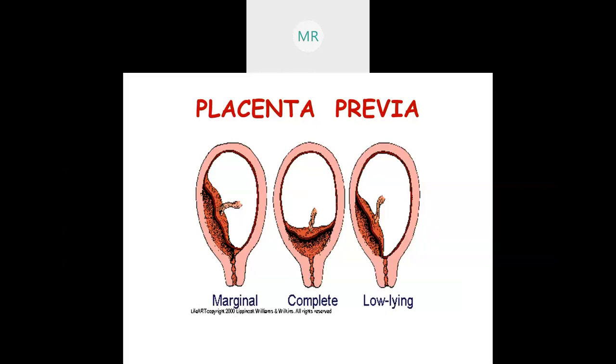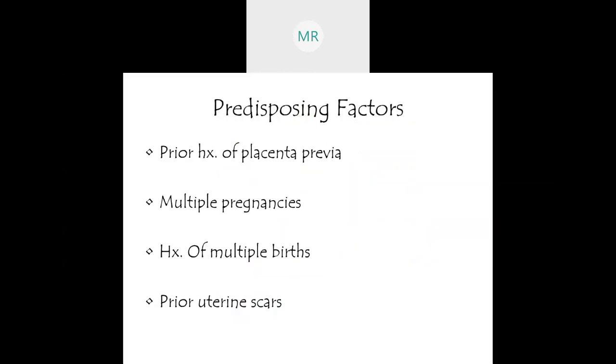It's classified into 3 types depending on the degree to which the cervical os is covered by the placenta.